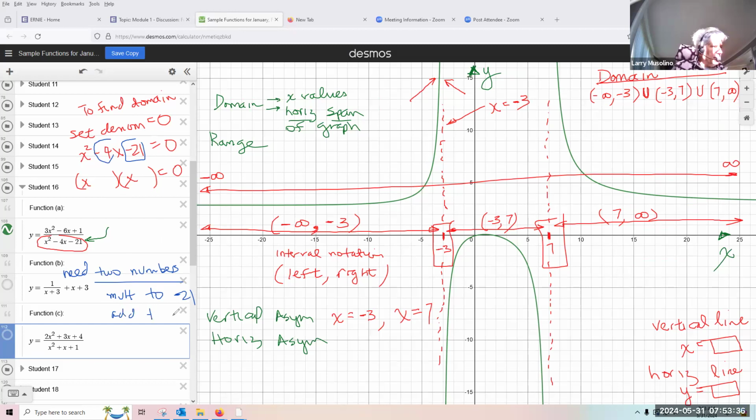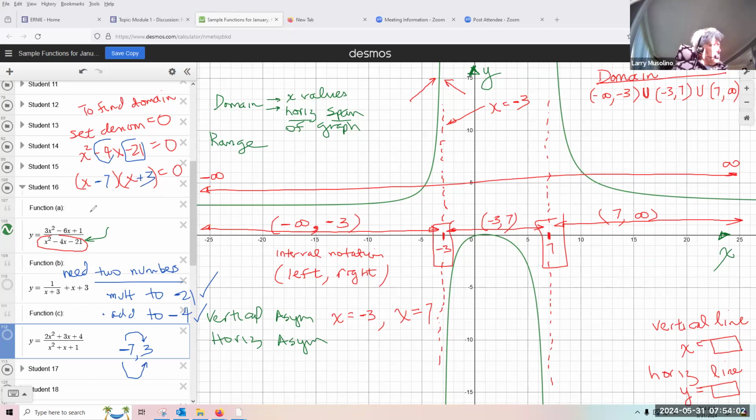This is a little bit of a logic puzzle. Well, if you think about it, negative 7 and positive 3 should do it. Because negative 7 times 3 multiplies to negative 21, and negative 7 plus 3 adds to negative 4. So those are the two numbers to plug in here.